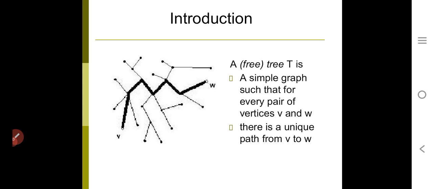For example, in the diagram we take two vertices v and w. The pair v and w has a separate path in the tree, and this path is a connection between the vertices v and w. This is the example for a tree.